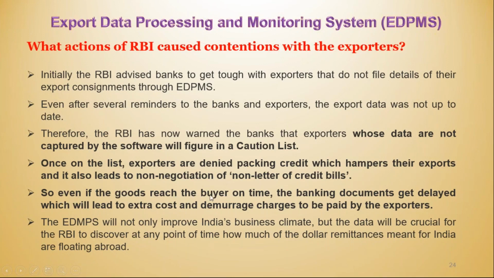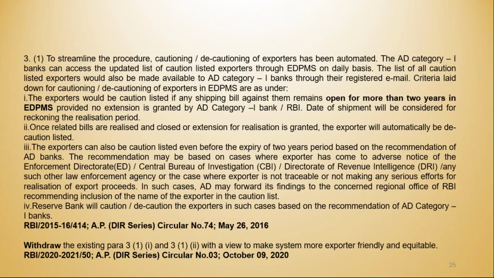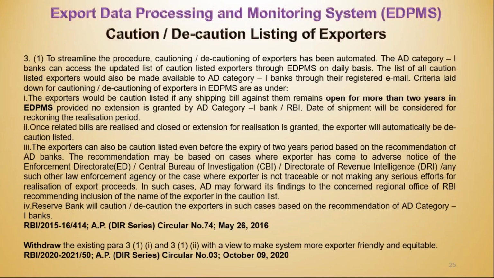Even if the goods reach the buyer on time, the banking documents get delayed, which will lead to extra cost and demurrage charges. Bankers will not send the documents, so it will stop the banking transactions also. So you will be in trouble if you are on the caution list.